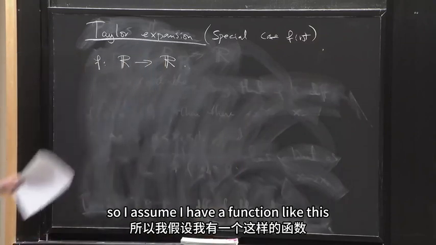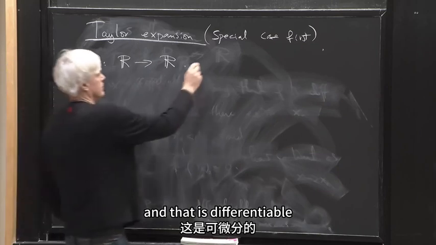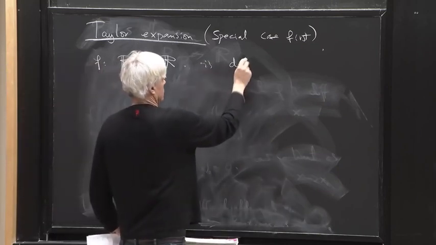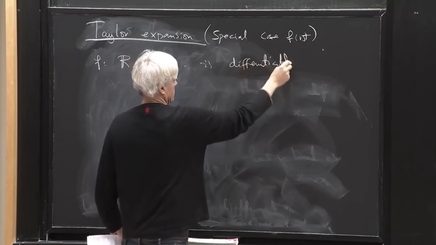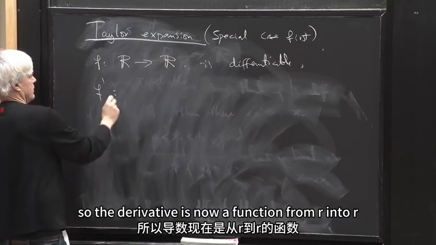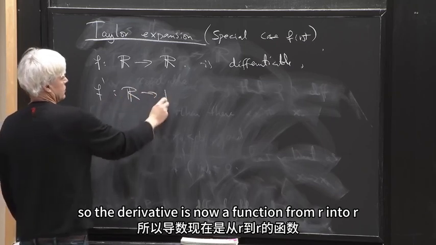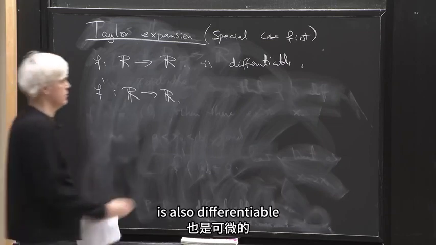So I assume I have a function like this, and that it is differentiable. And then I'm assuming that the derivative, which is now a function from R into R, is also differentiable.